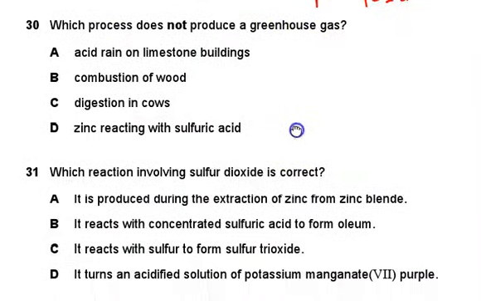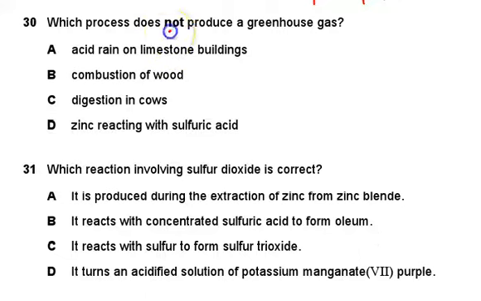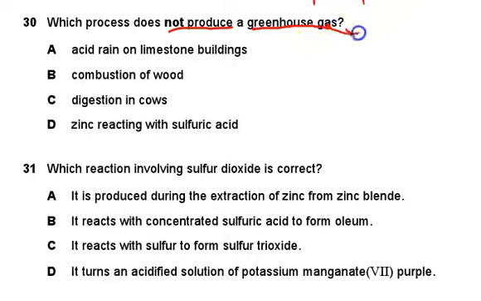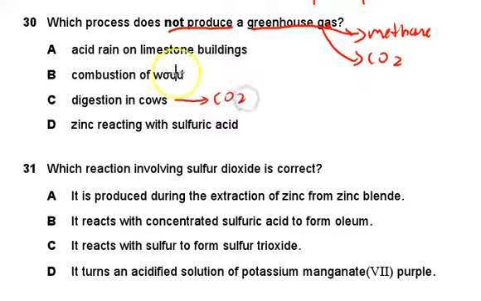Now for number 30, which process does not produce greenhouse gas? Greenhouse gases, for example, are methane and carbon dioxide. If you look here, digestion produces carbon dioxide. Combustion is also producing carbon dioxide. Digestion produces methane as well, right? Acid rain on limestone: limestone is calcium carbonate.